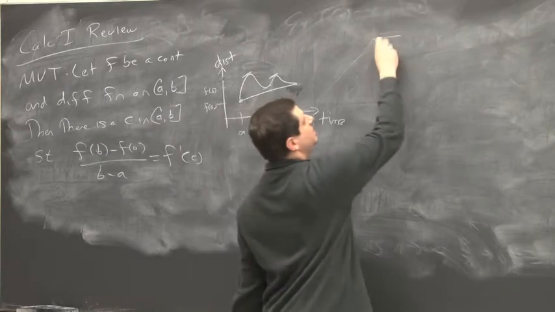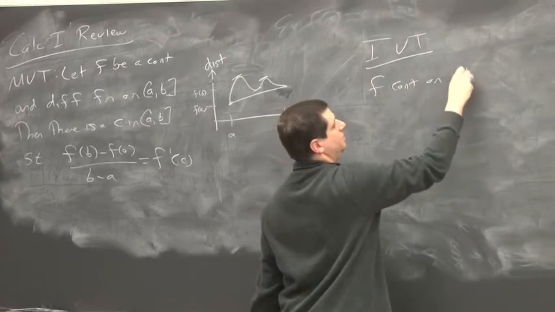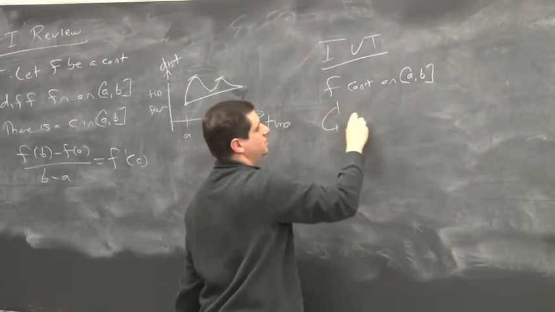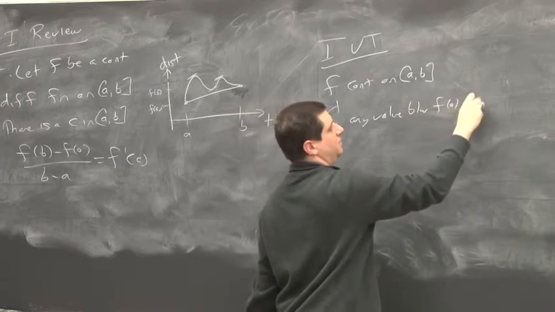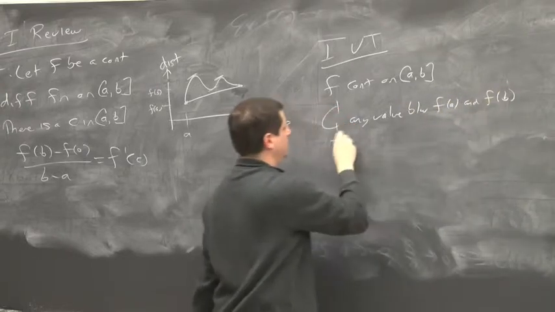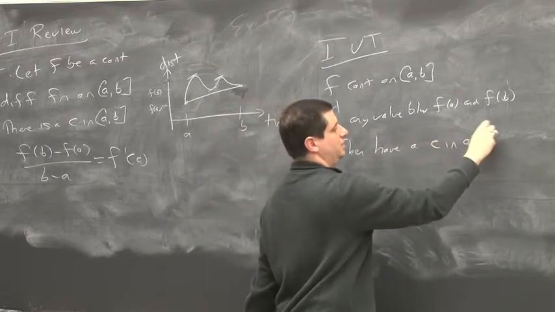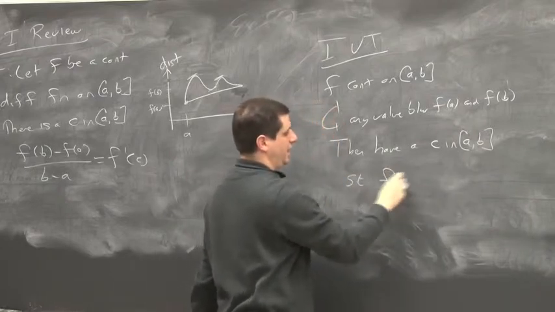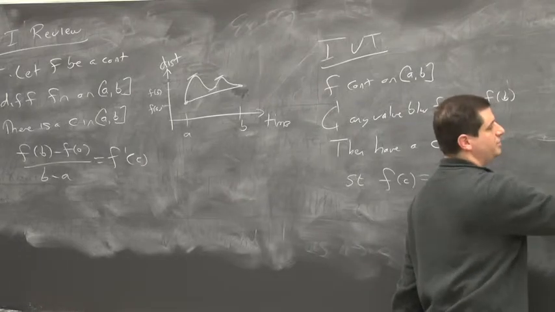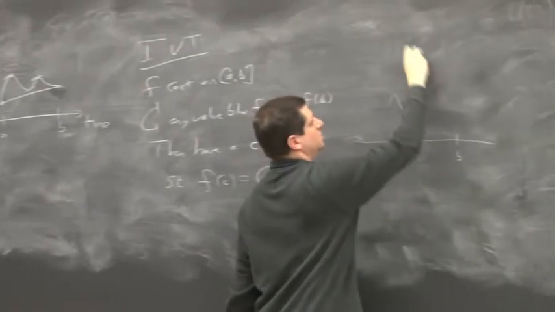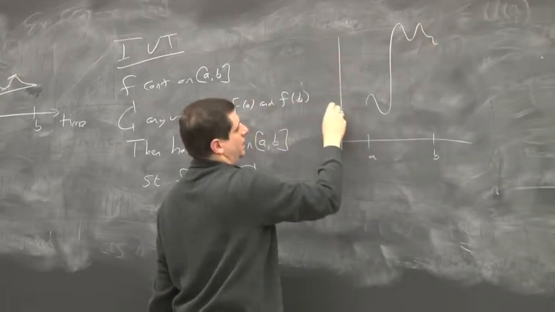So we now use the intermediate value theorem. If f is continuous on [a, b], and C is any value between f of a and f of b, then there is a c in [a, b] such that f of little c is big C. So what's going on here is here's a, here's b, and maybe my function looks like this.